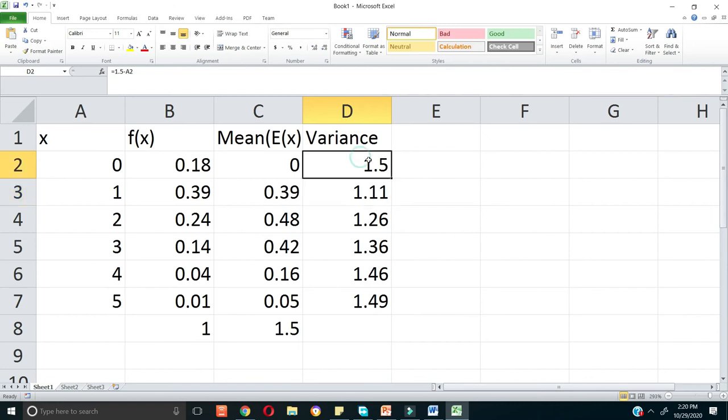Because you want to see how the values deviate from what was expected.